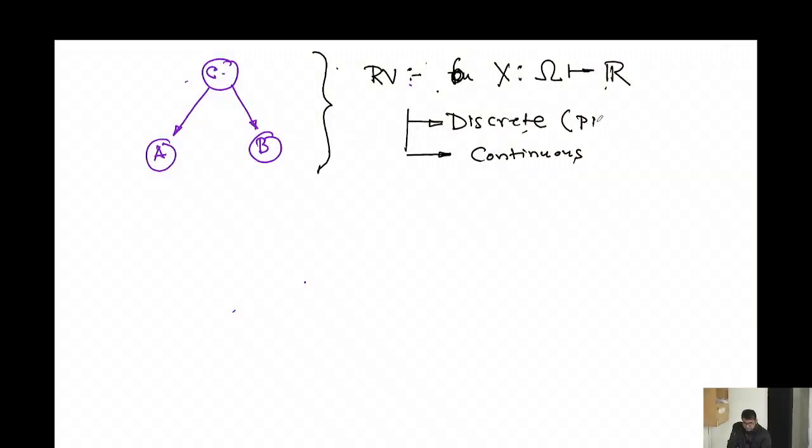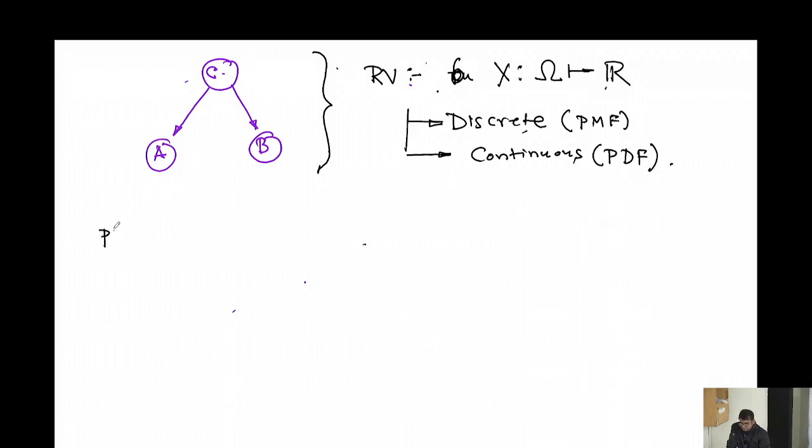What is the second property? When you sum over all the possible values of x, it will give you 1, unity. That's the probability mass function. So this you define using probability mass function. The continuous you define using probability density function.